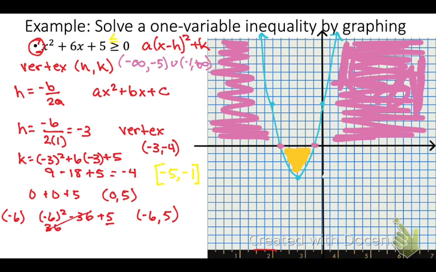So, what does it mean to be greater than 0, when you're looking at the graph? The graph is where? Above. Above what? The x-axis. What does it mean to be less than 0? Where it is below the x-axis. What if I put like 6 there instead of 0? You move it up 6. I would draw a line at where? At 6.